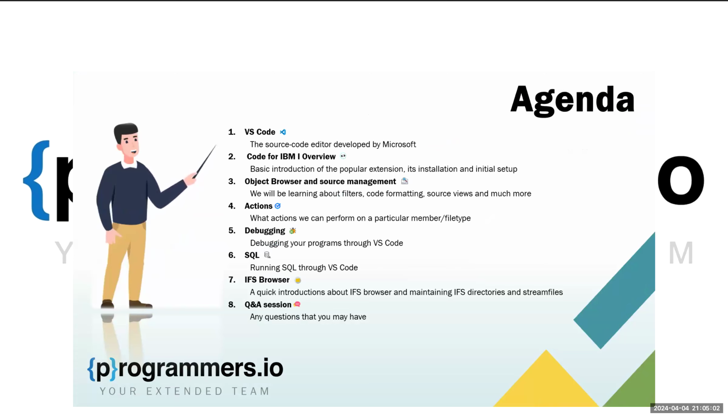Further down the webinar, I will be talking about how to install this extension, setting up profiles, how to use the object member browser, and then showcasing a few examples of how to edit and view the source code through VS Code itself. Later, there will be predefined actions that are available to us in this extension, and how we can customize them to our liking.